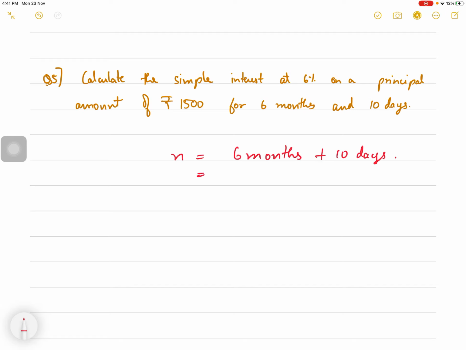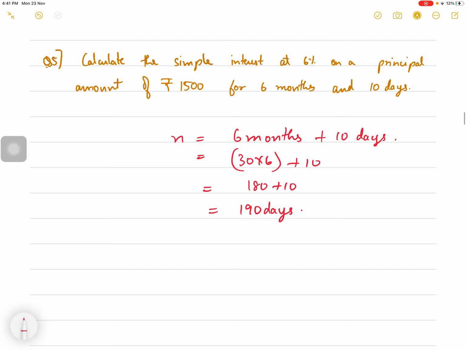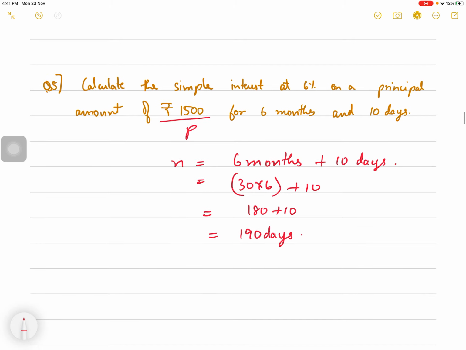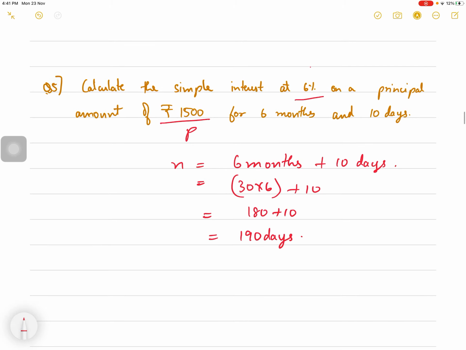So 6 months is 30 into 6 plus 10. So 30 into 6 is 180 plus 10, which is 190 days. So N is 190 days, P is 1,500 and R is 6%.